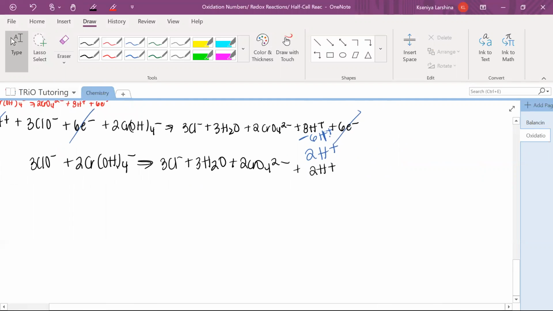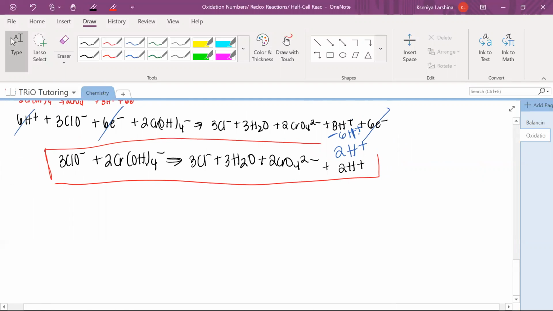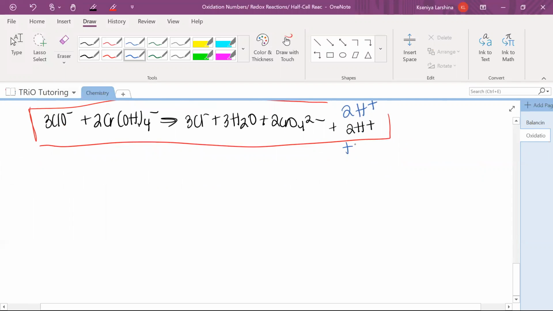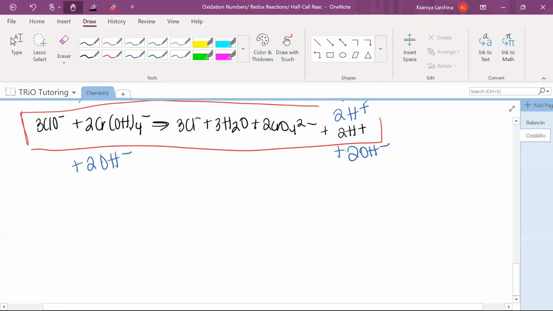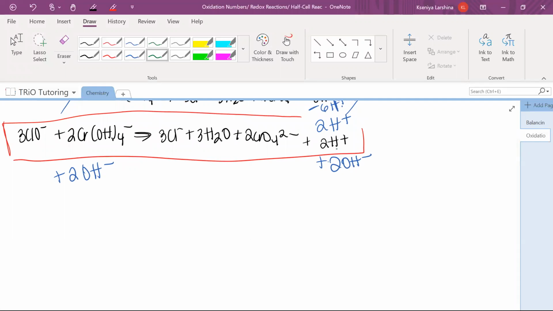And this would be completely okay if this is in an acidic solution, but if this is in a basic solution, you are going to add hydroxide. So you'd add 2 hydroxide, and if you do that to one side, you have to do that to the other side. And this would turn into ultimately 2H2O.